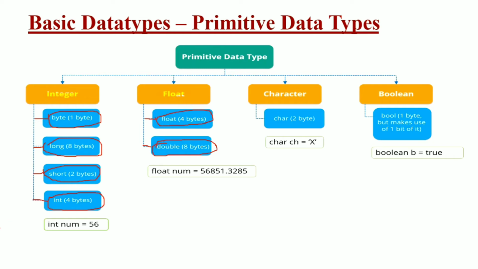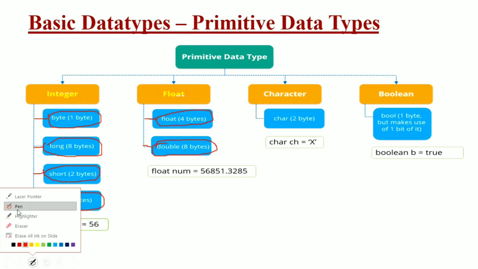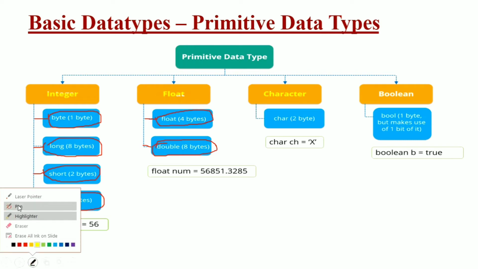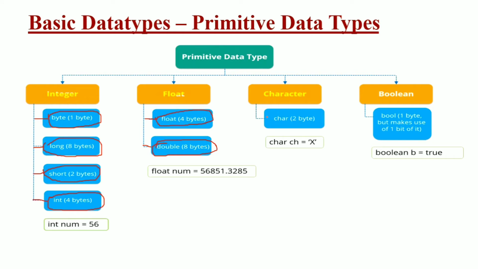Now the third data type is character. The character data type takes only 2 bytes of memory in the storage device, and it is denoted by the char keyword.